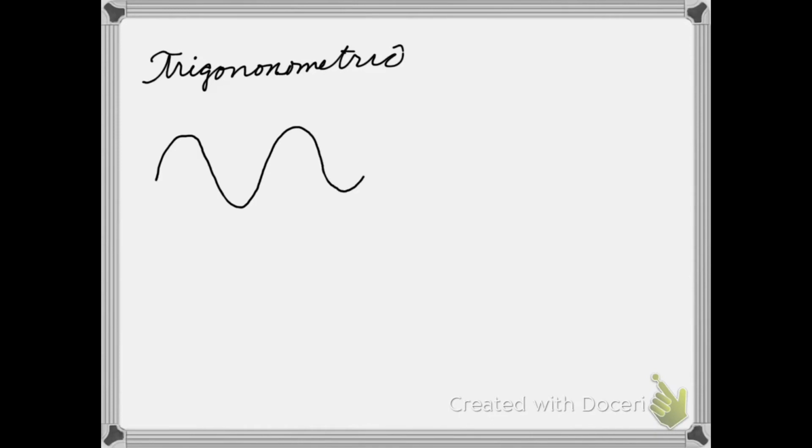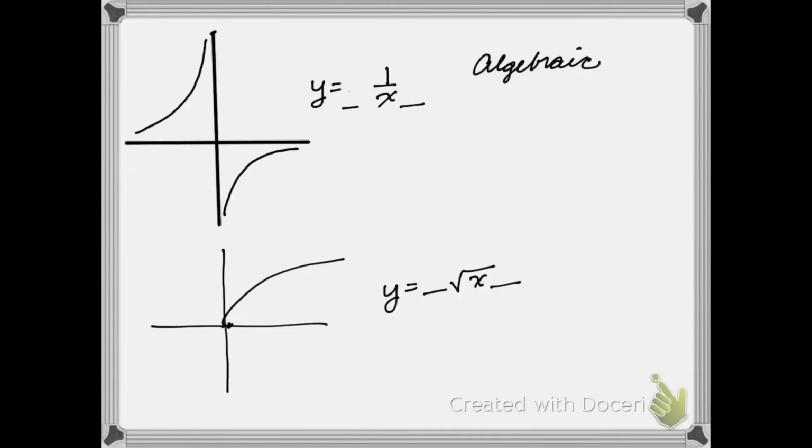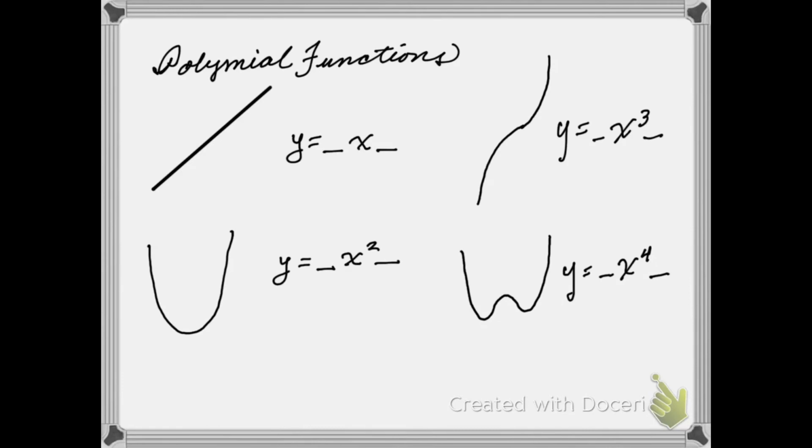And then a final category of function that we look at in pre-calculus would be a trigonometric function. Just one example of a trigonometric function would be a sine wave, a function that graphs like that. So the categories of function that I'm looking at here are trigonometric, transcendental, algebraic, and polynomial functions.